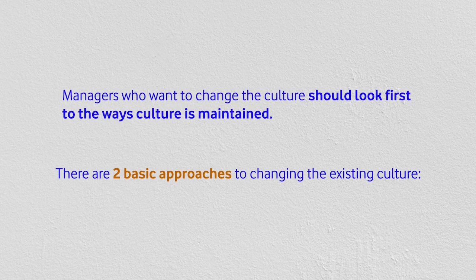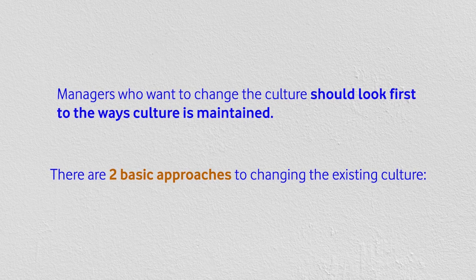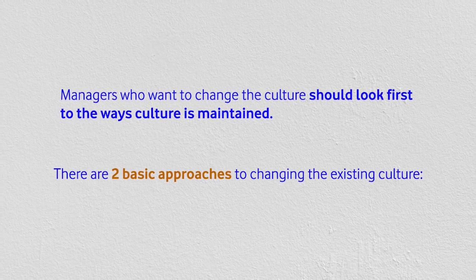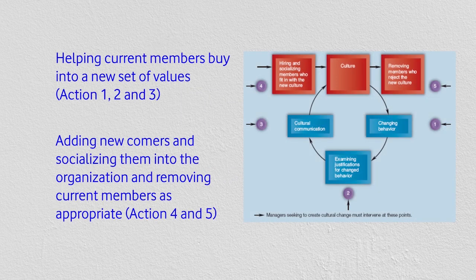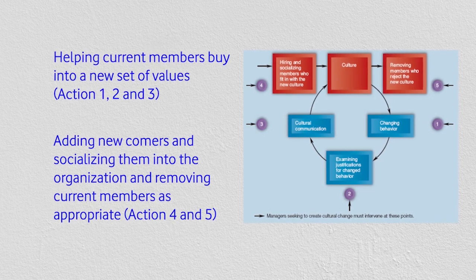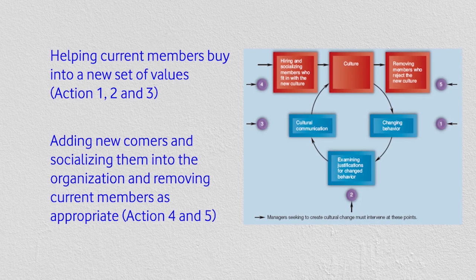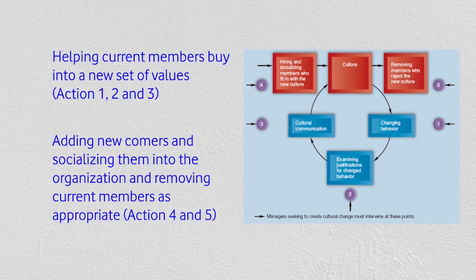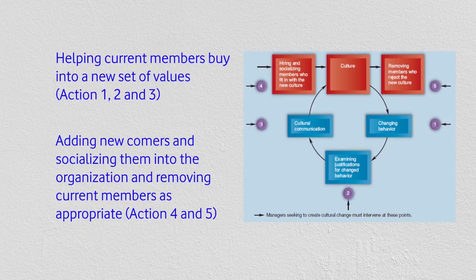There are actually two basic approaches to change the existing culture. Number one, help the current members buy into a new set of values. Or number two, add new members and socialize them into the organization, and remove current members as appropriate.